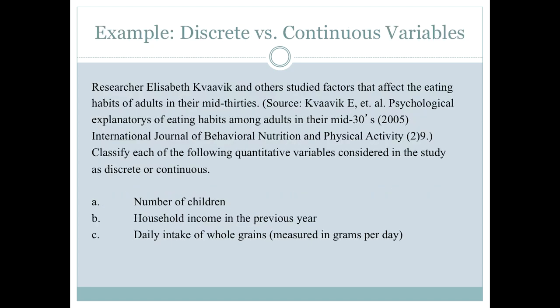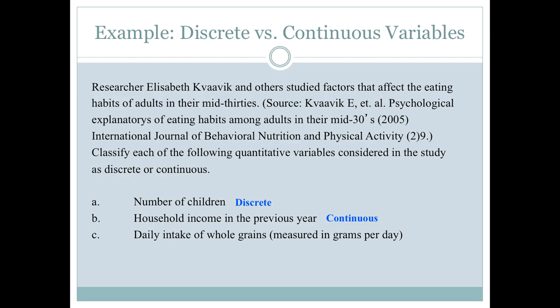Okay, so let's take a look at the numeric values that we were talking about before and determine if they're discrete or continuous. So if you think about number of children, you cannot have half a child, okay? You have to have a whole number of children, so that's going to be discrete. Now with household income, that one's going to be continuous because maybe this is rounded to the nearest dollar, or maybe it's taken all the way out to cents.